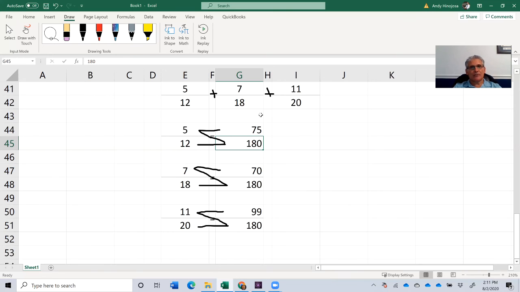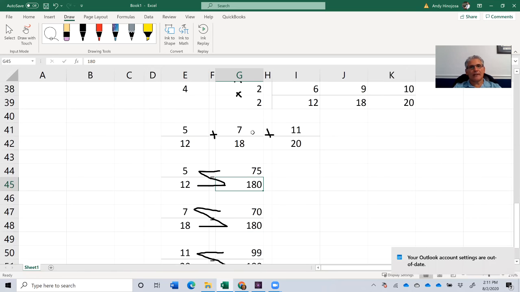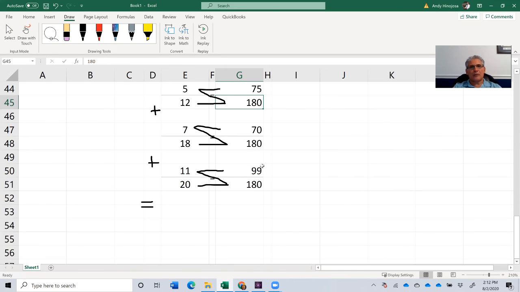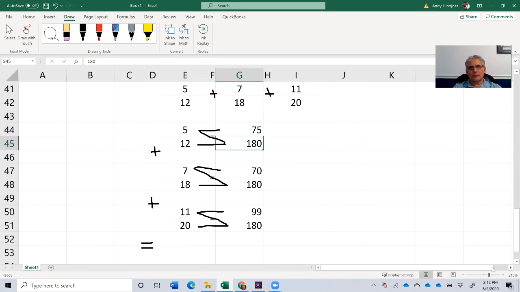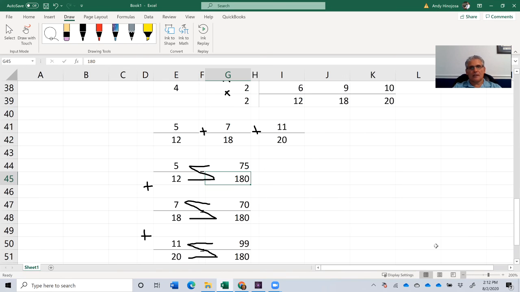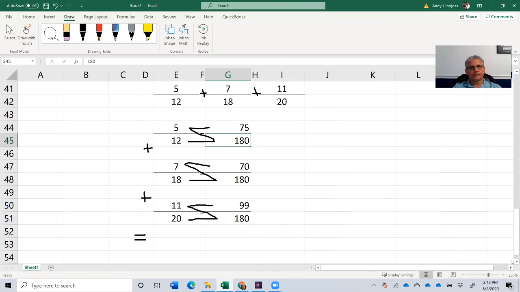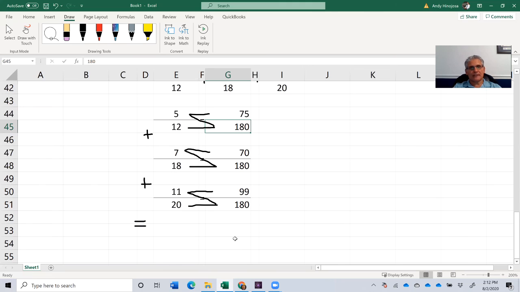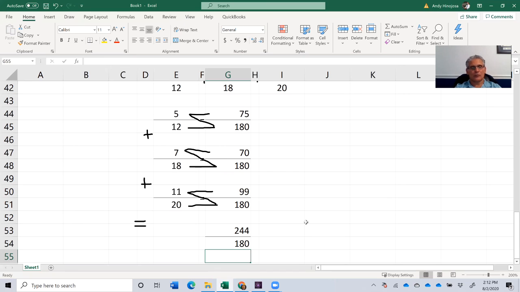At this point in time, since we're adding these together, now we can take the new numbers that we have and add them up. 75 plus 70 plus 99 is 244 over 180.